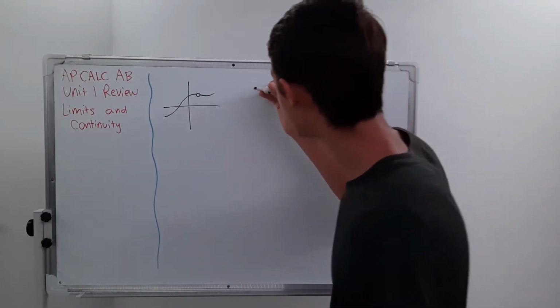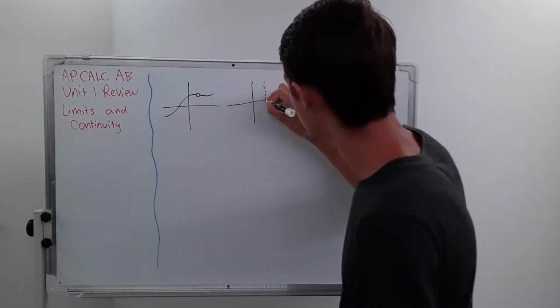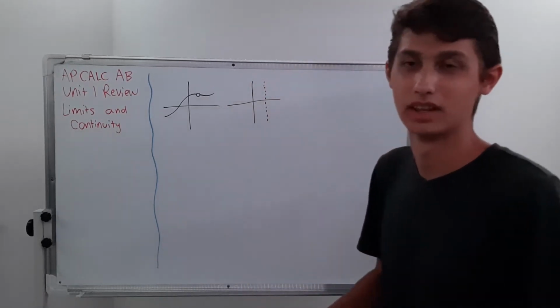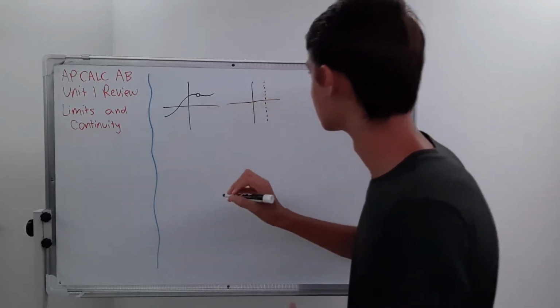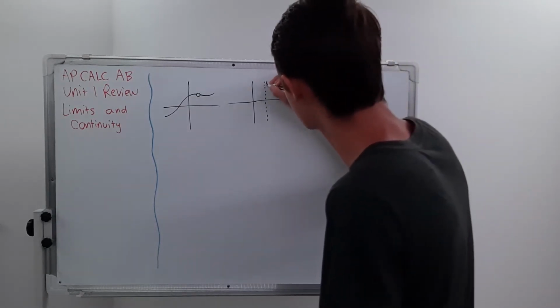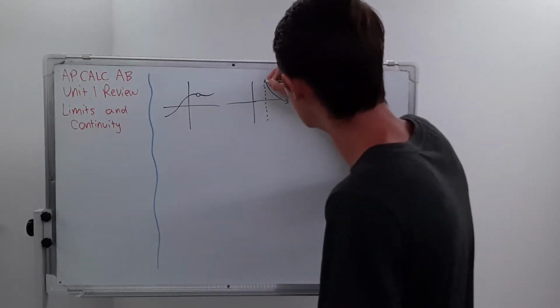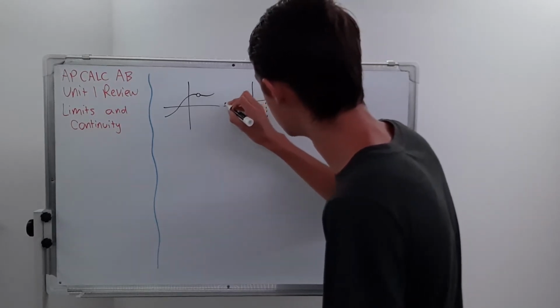Well, let's say you had a vertical asymptote. Let's say our vertical asymptote was here. It doesn't really matter that my lines aren't the straightest. If we have a vertical asymptote, let's say our graph goes like this, and then we can have a vertical asymptote going like that.